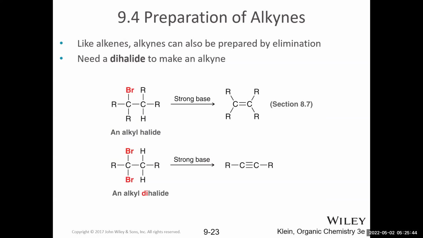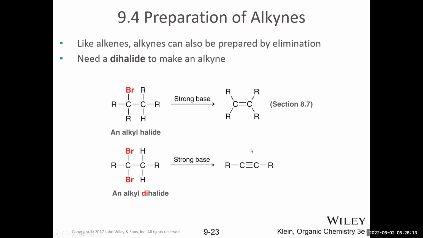Okay, so before we talk about reactions of alkynes, we actually want to start off with how do we synthesize an alkyne? How do we prepare an alkyne? So just like alkenes, alkynes can be prepared by elimination reactions. When we were looking at forming an alkene, we started with an alkyl halide, treated it with a strong base to do an E2 reaction, and we got the alkene product.